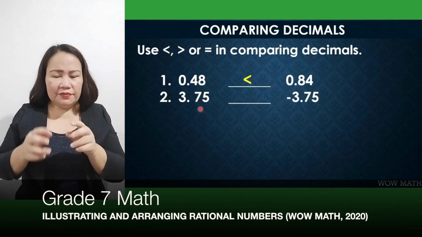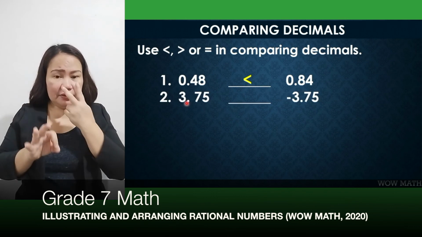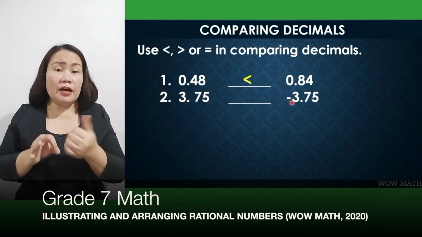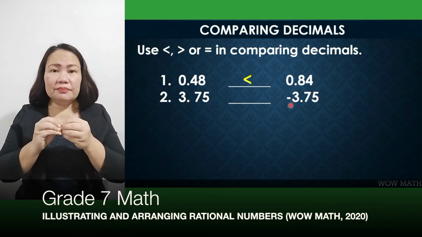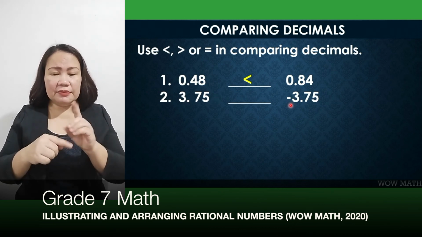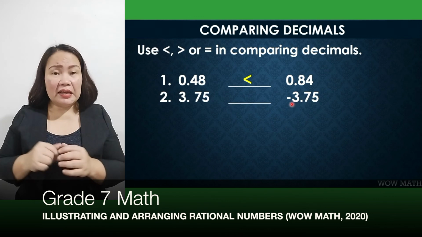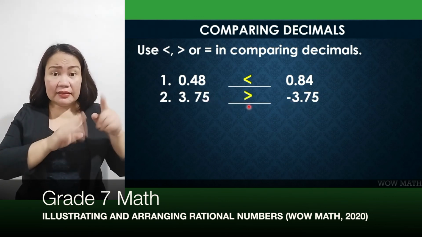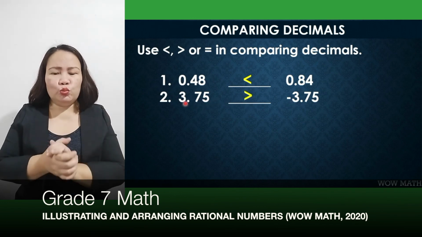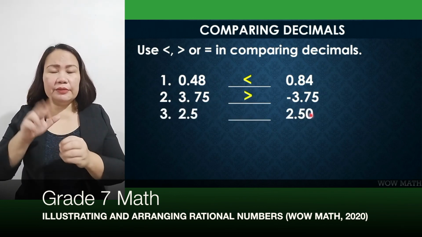Another. So, it's very obvious. Pag nakita na kagad natin that the other decimal has a negative sign, automatic, mas mataas na kagad yung ating positive. Okay? Next, I have 2.5 and 2.50.